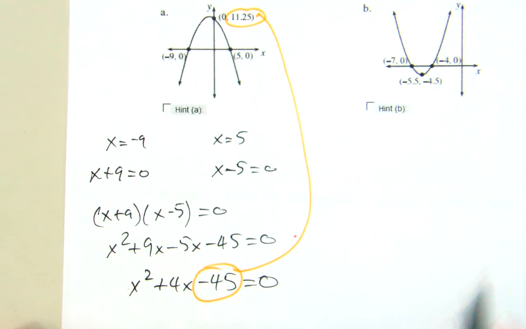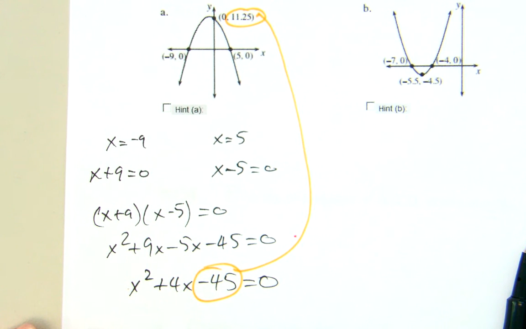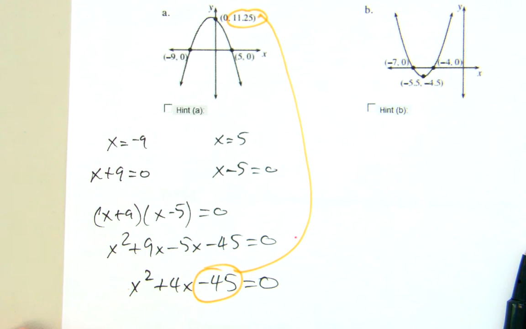After doing some calculation, and I'm going to have to think about this for a second, 11.25 divided by -45 gives 0.25. Okay, yeah, that works.